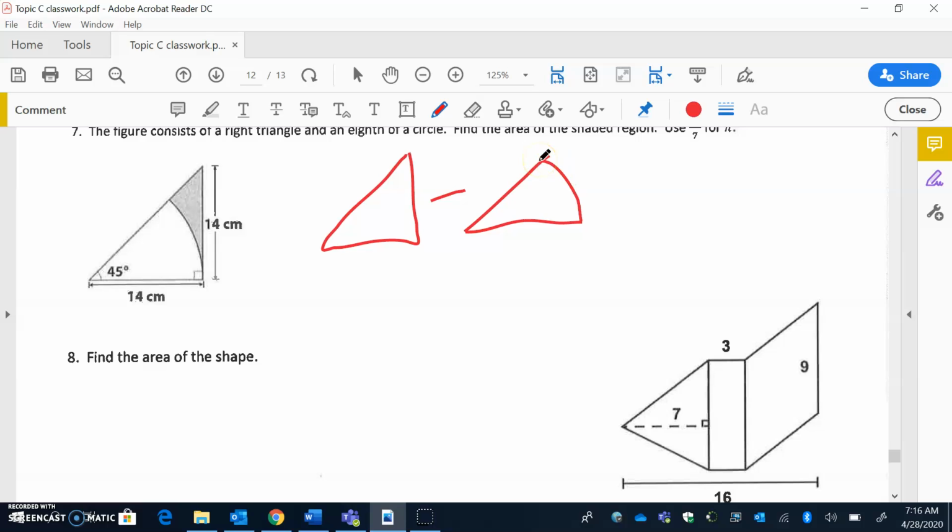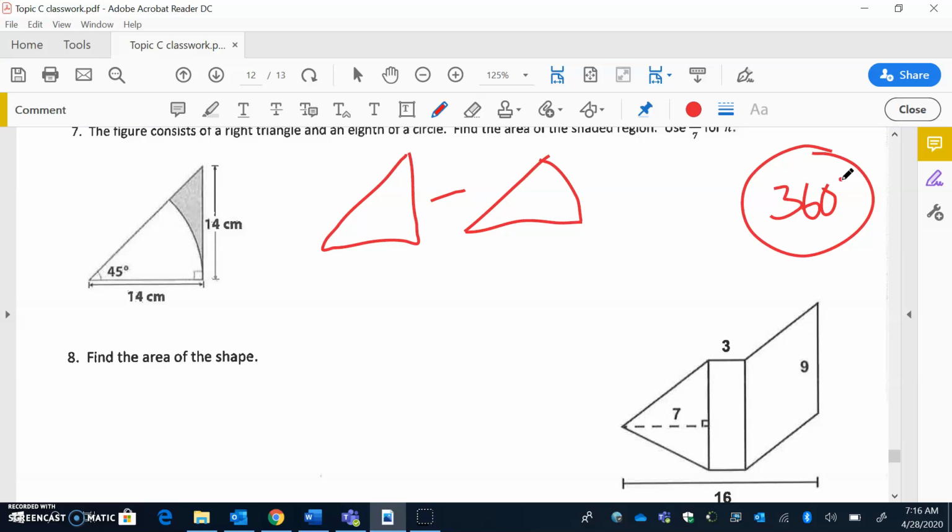So what we want to realize here is in a circle, it's 360 degrees. But you are only using 45 degrees of it. So what fraction are you using? In other words, how many 45s does it take to get to 360? It's 8 of them. So it's only an eighth of the amount.